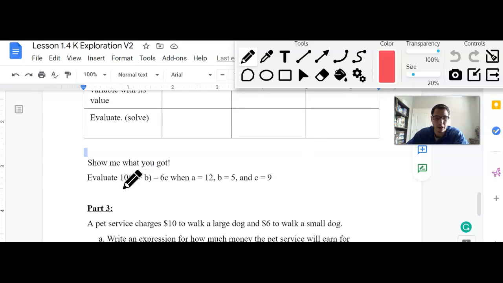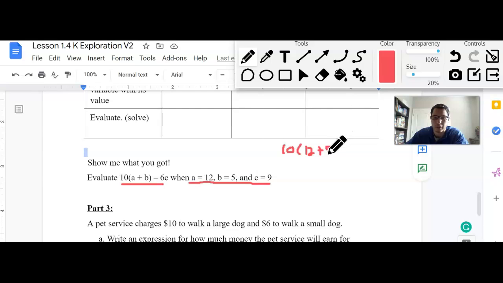All right, here is our algebraic expression. We're going to substitute these values in for the variables and then solve using the order of operations. So I have 10, open parentheses, a, which a equals 12. So 12 plus b equals 5.